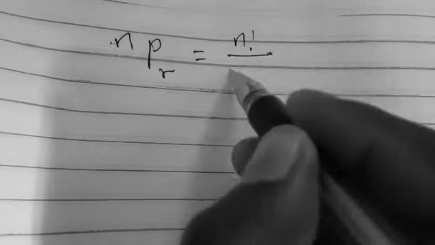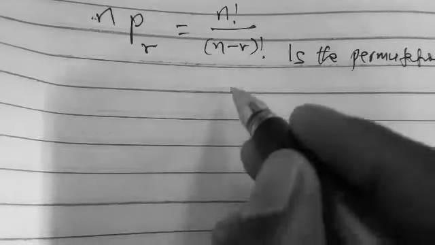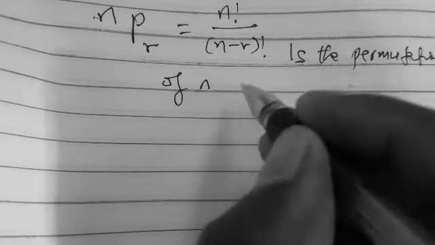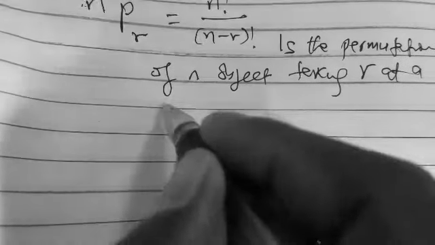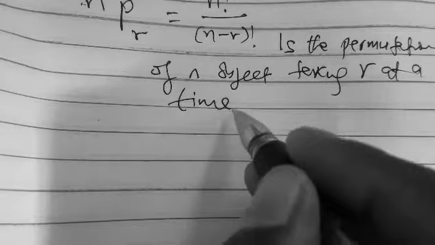Definition of permutation kamar yadda zamu gani, idan aka ga n permutation r, this can be defined as n factorial over n minus r, all bracket factorial. Shi ake kira suna is the permutation of n objects taking r at a time. This is the definition.